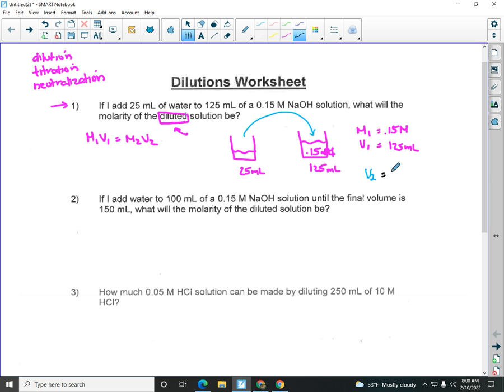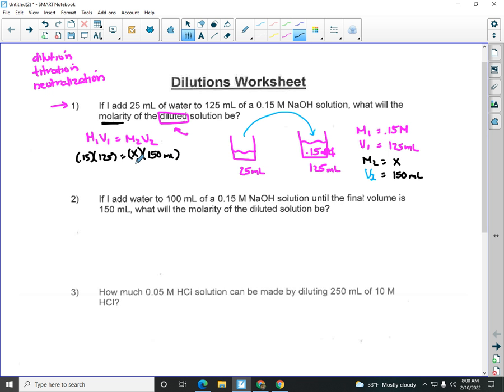So we're going to have the final volume be 150 milliliters, and they want to know what the new molarity of the solution is going to be. So it's 0.15 molar times 125 milliliters equals X, which is my new molarity, times 150 milliliters.